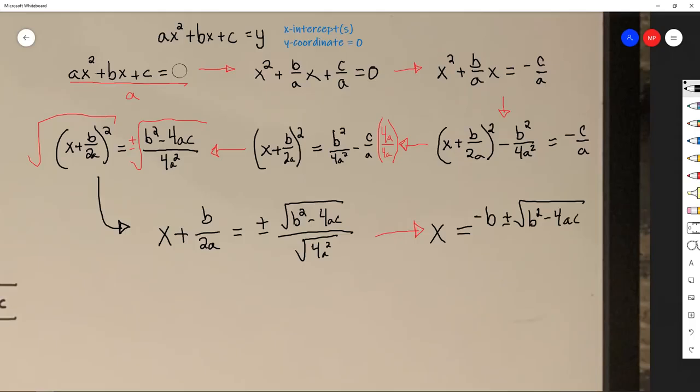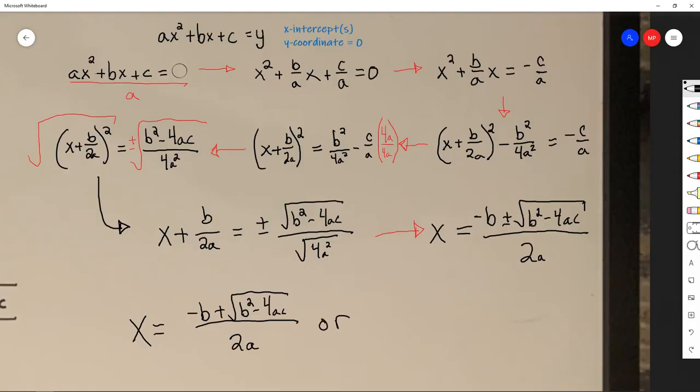The big reveal. And there you have it. Now remember, that means x can equal negative b plus square root of whatever this is. Or minus the square root of whatever this is.